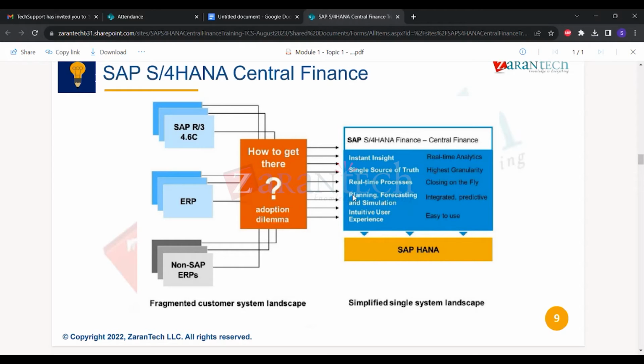One additional benefit of implementing central finance is that we can build our processes on top of the data which has come. It's not only that the data is replicated to central finance and then you just need to report.